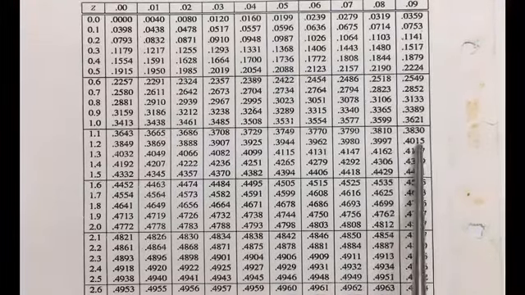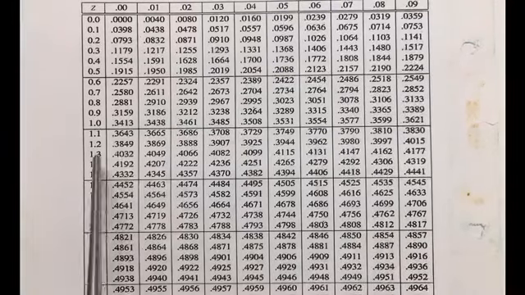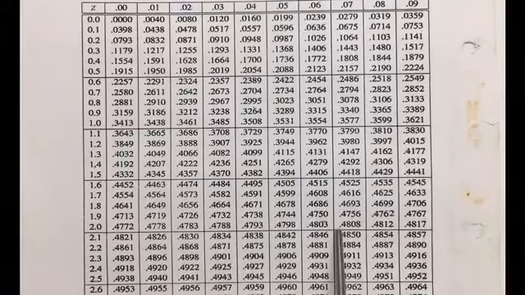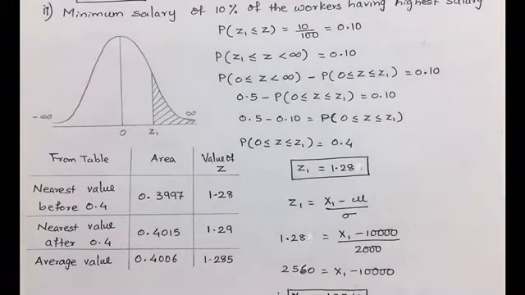So taking these two values of the area and the Z value from here, taking the average of both, and calculating it with the help of this table. The nearest value before 0.4 is 0.3997 area and its Z value is 1.28, that we have already seen in the table.